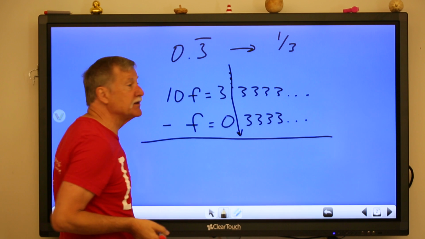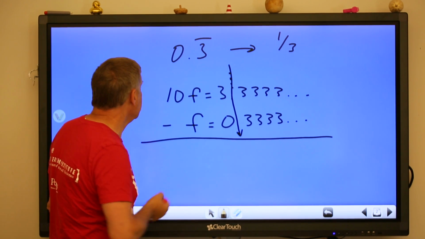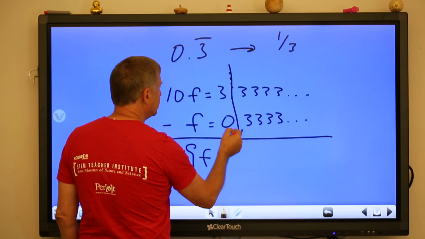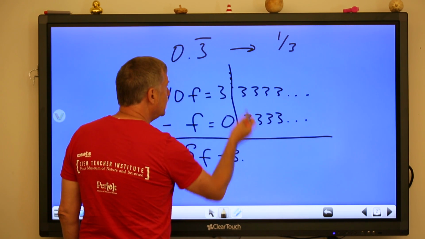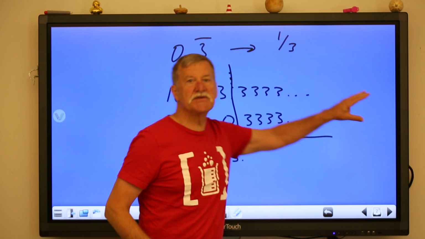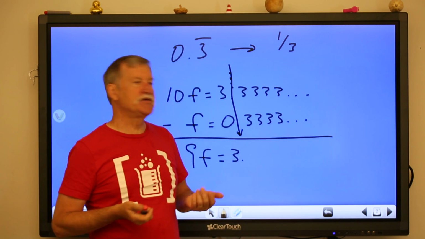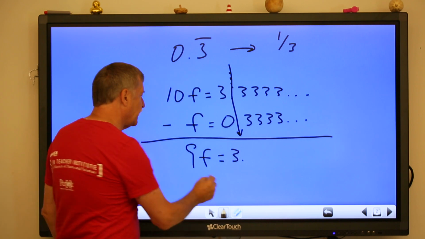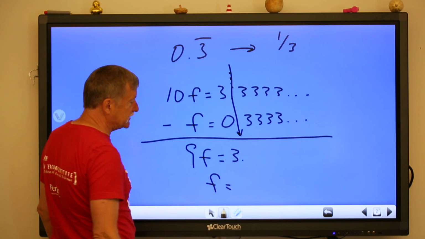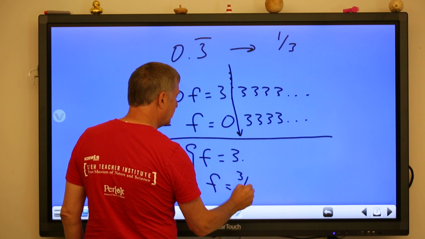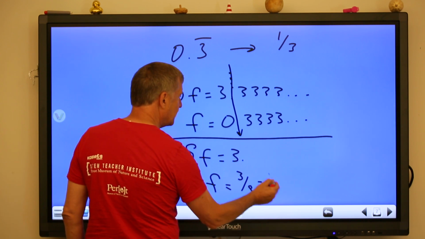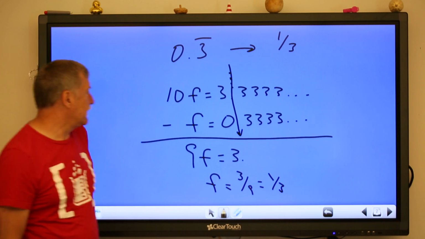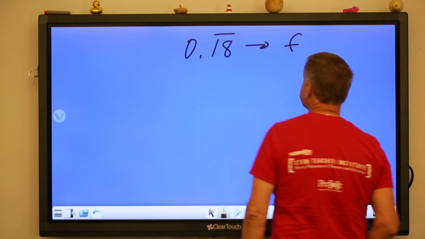I can do 10f minus f because those are like terms, and I get 9f equals 3 minus 0, 3 point, well, all the repeating digits subtract and cancel each other out. So I've got 9f equals 3. I solve for f, divide both sides by 9, and get 3 over 9, in simplest terms, 1/3. What do you know?